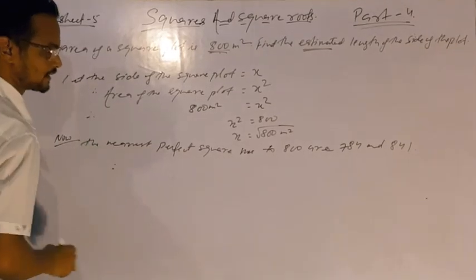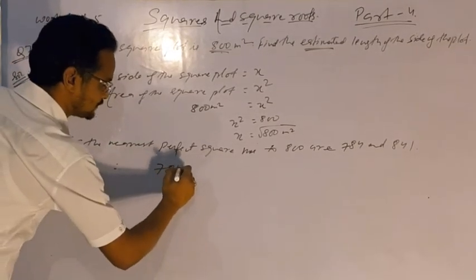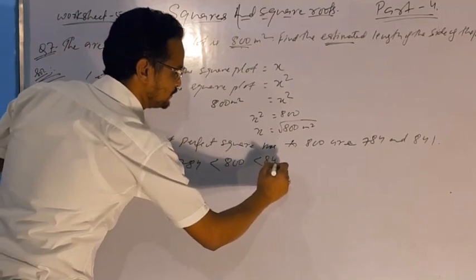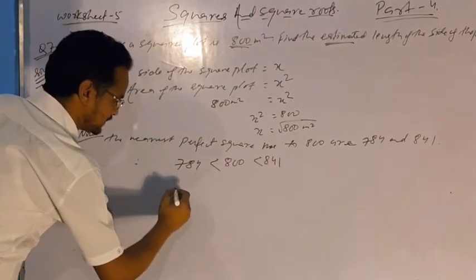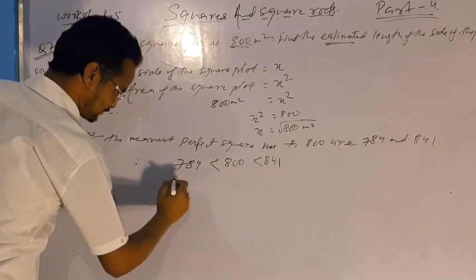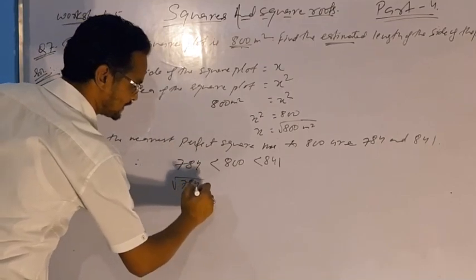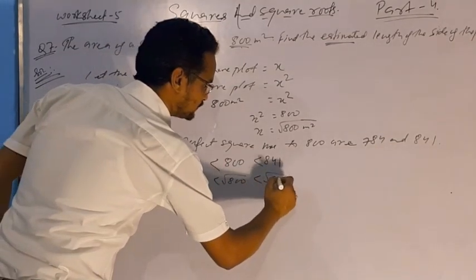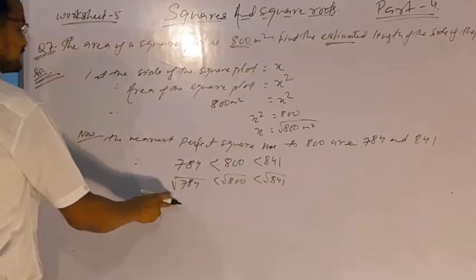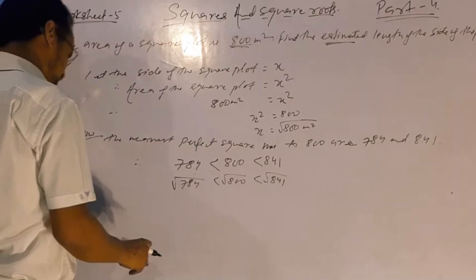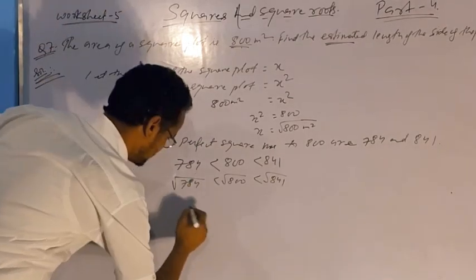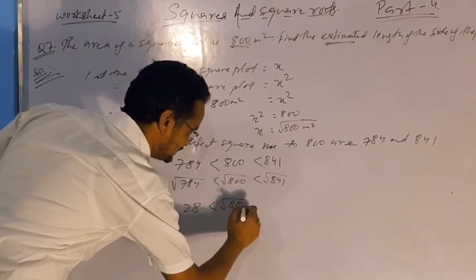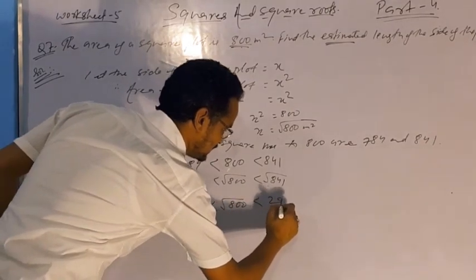Therefore, we can write that 784 is less than 800 is less than 841. Now we will put the square root of 784 and the square root of 841. As previously, we will know the square root of these numbers. This is 28. This is root under 800. This is square root of 29.